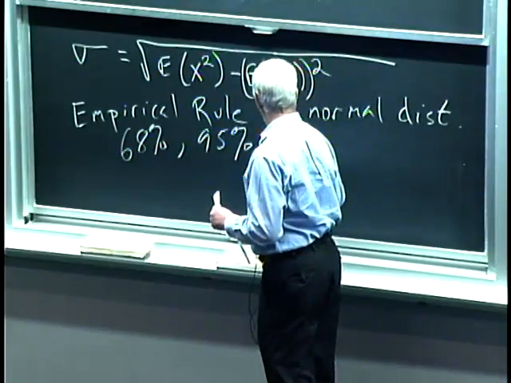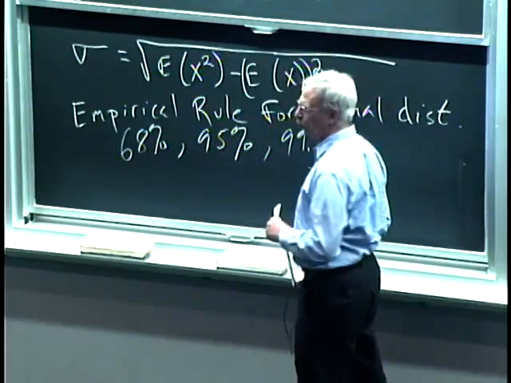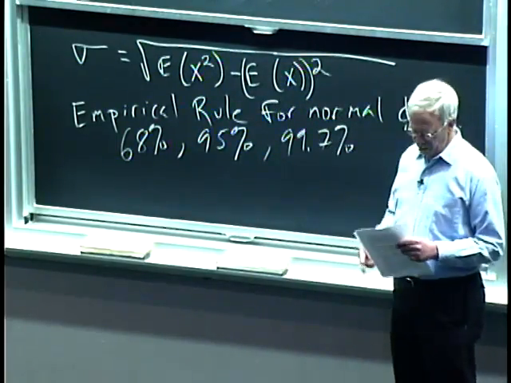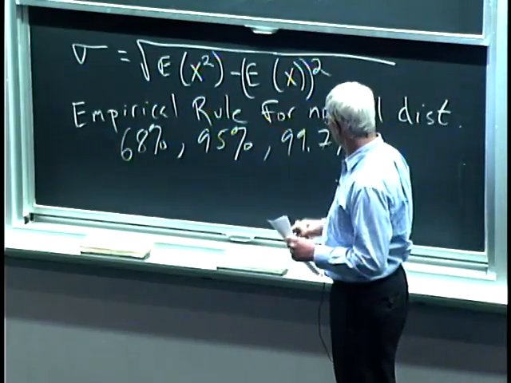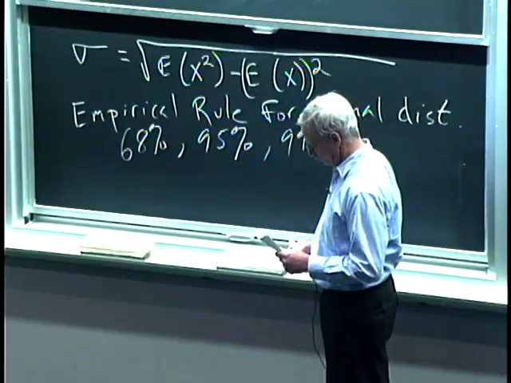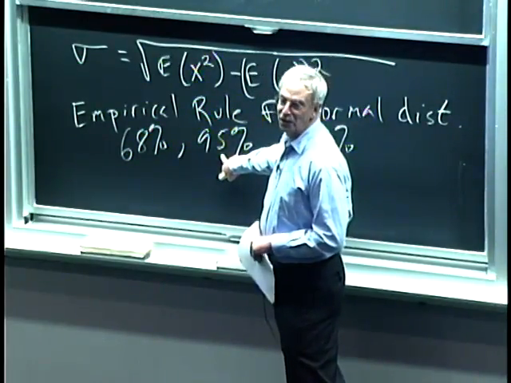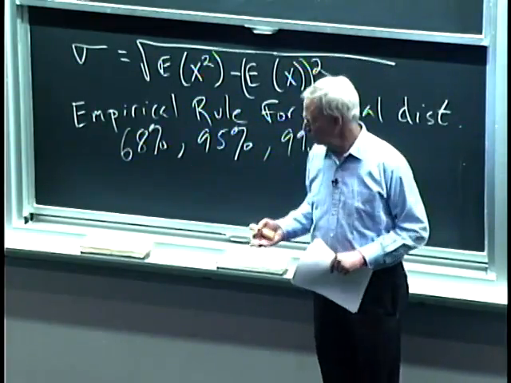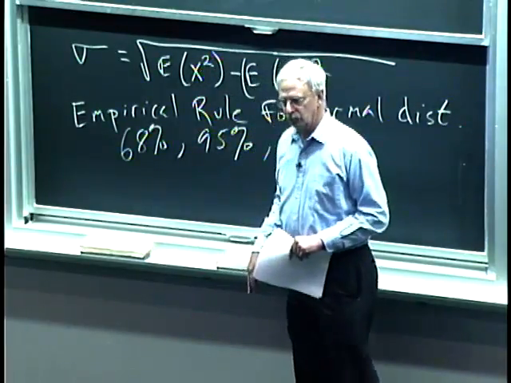And almost all of the data within three. These values are approximations, by the way. So this is really 95% falls within 1.96 standard deviations, not 2. But this gives you a sense of how spread out it is.